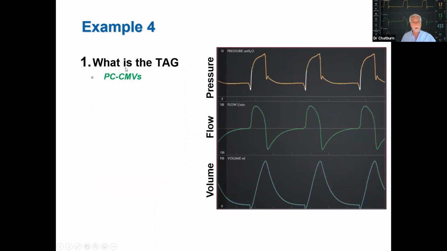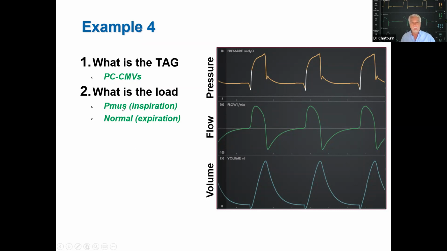Example number 4. What is the tag here? Again, this is pressure control, continuous mandatory ventilation. We get that again from the waveform. Now, these are not as ideal as we'd like to see because ventilators are not as good at controlling pressure as they are at controlling flow. So you will see some distortion of the pressure waveform in pressure control if the patient is making inspiratory efforts. So what's the load? You see a muscle pressure during inspiration.